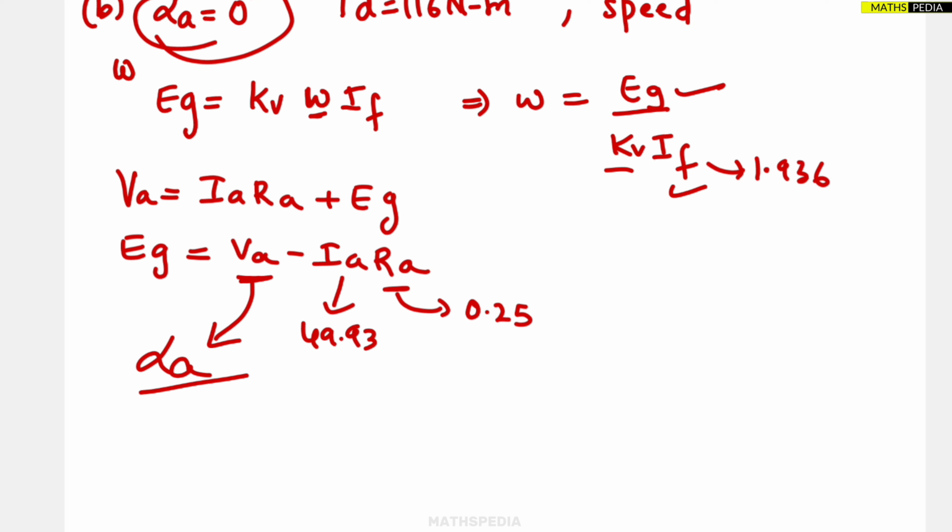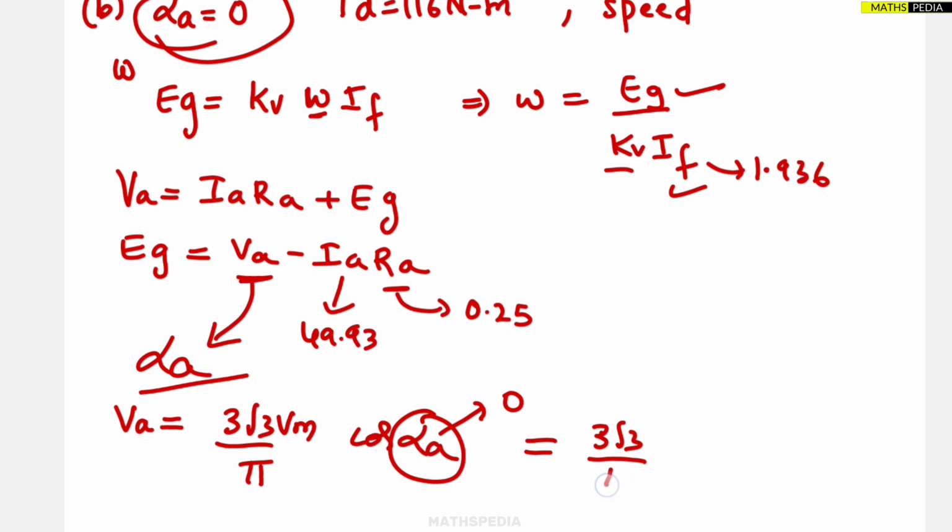Now to find VA for the 3-phase full converter, the formula is 3 root 3 Vm by pi cos alpha A. This alpha A you take as 0, so cos 0 is 1, and it will be 3 root 3 by pi into Vm. What is the answer for that? It is the same as VF.